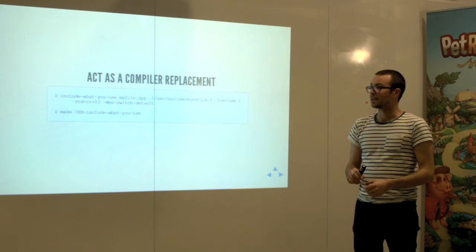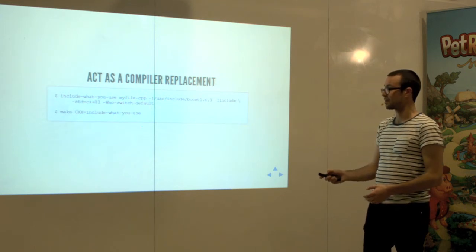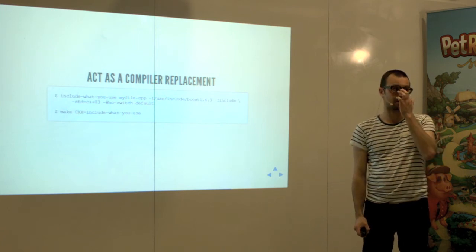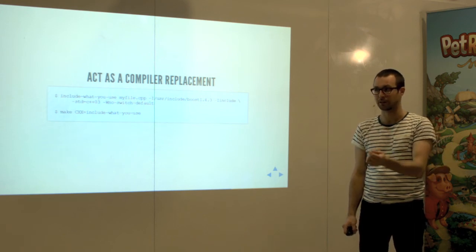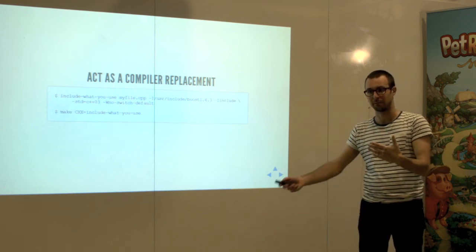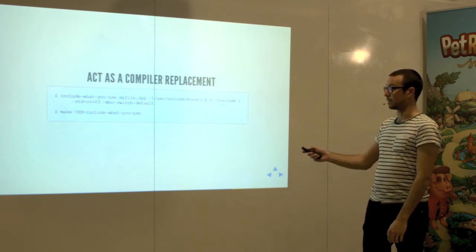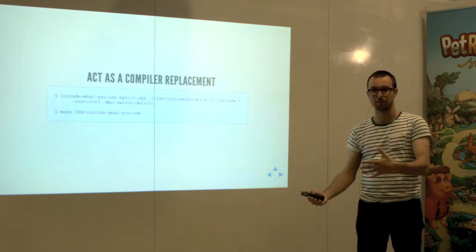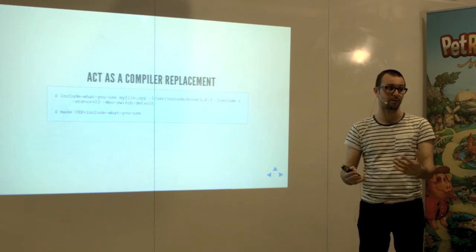And the intended use case is essentially this. We want Include What You Use to be a compiler replacement. So whenever you make your project, you substitute your compiler for Include What You Use, and the build system provides all the compiler arguments, so that your code builds just as it would have if you built it with Clang proper or any other compiler.